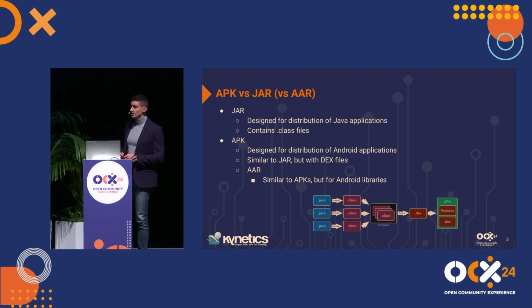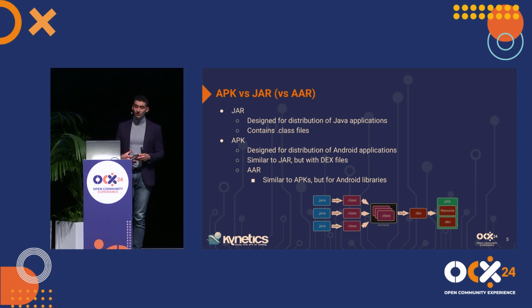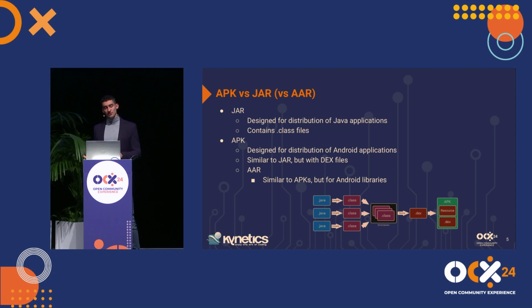Also, Java code poses some challenges when it comes to running it on Android, and this is because the archives that run on the JVM and those that run on Android are different. So on the JVM, we use jar files.